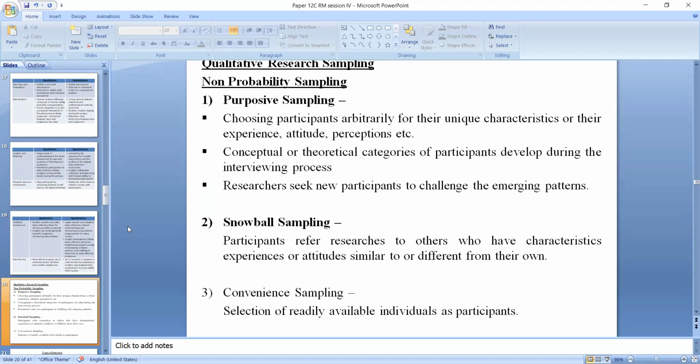For this, what was our sampling? We did not use snowball or convenience sampling. We used purposive sampling: a specific category of police officers devoted to a particular function, chosen for their unique characteristics and specific experience.